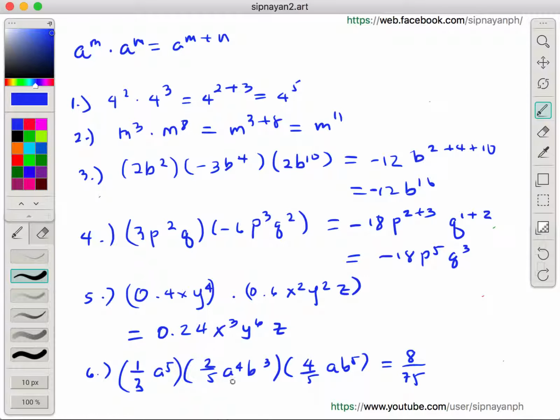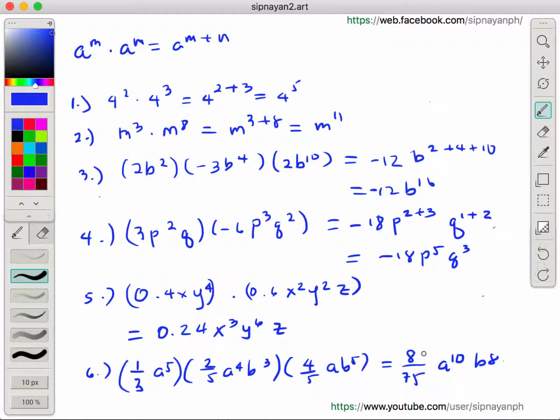And then yung a to the 5th times a to the 4th times a, ito a to the 9th na yan, times a to the 10th. And yung b cubed times b to the 5th, this is b raised to the 8th power. So, ito na yung pinakasagot natin.